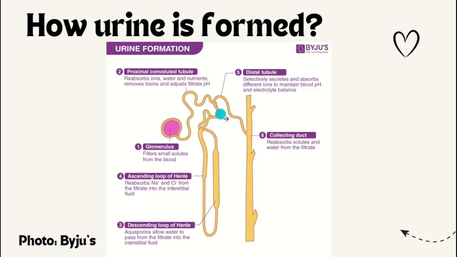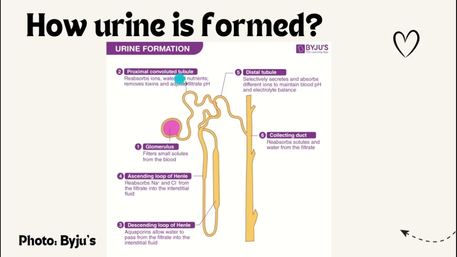And then the distal tubule is going to selectively secrete and absorb different ions to maintain blood pH and electrolyte balance, right? And then you're going to have the collecting duct, which is going to reabsorb solutes and water from the filtrate.